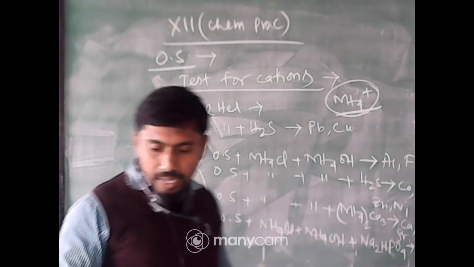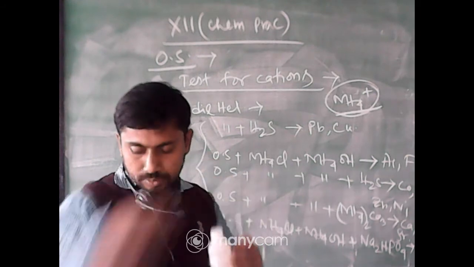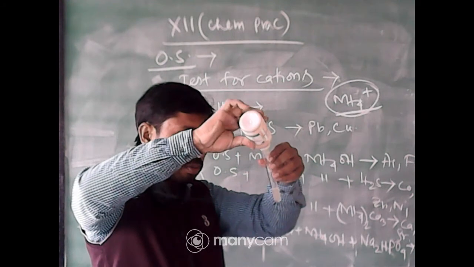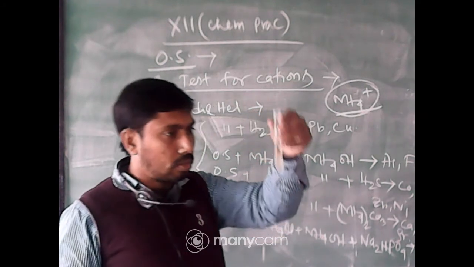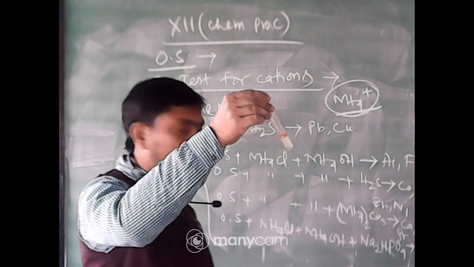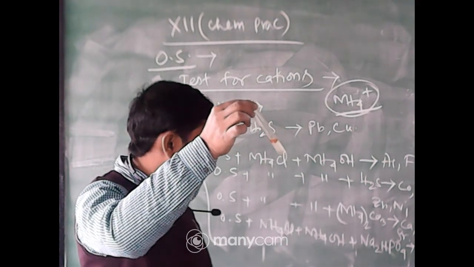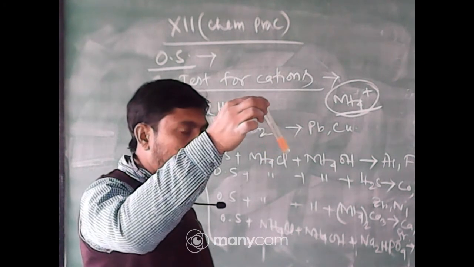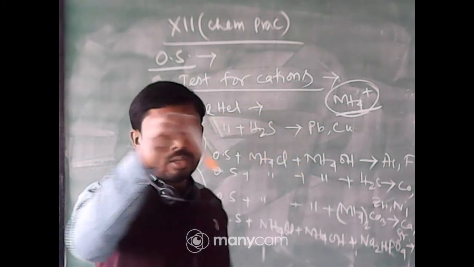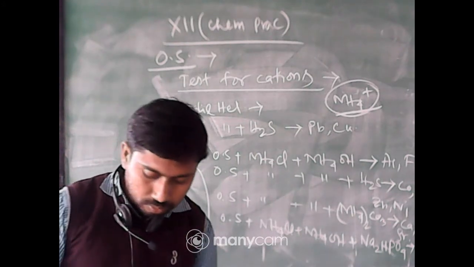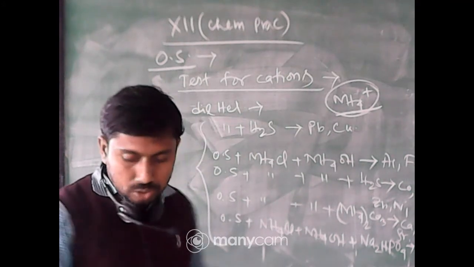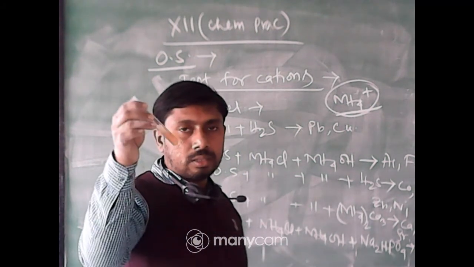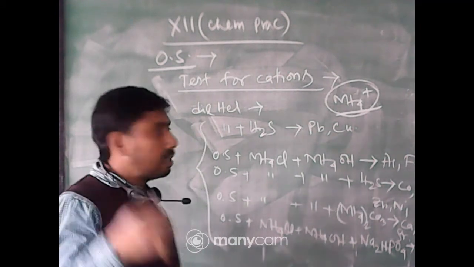Next one is the addition of Nessler reagent, K2HgI4. That is a mercury compound. Okay. You can see that a brown colored PPT formed. A brown colored PPT formed. This is also a mercury compound. So, this confirms that the sample taken contains ammonium as a cation.